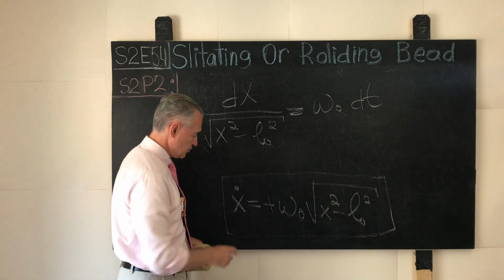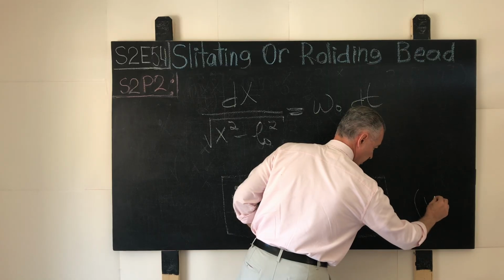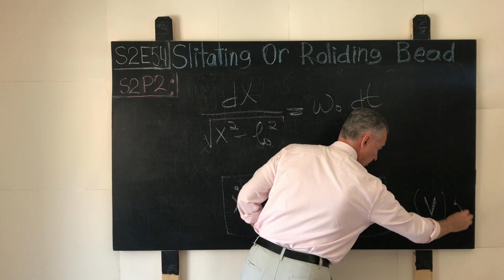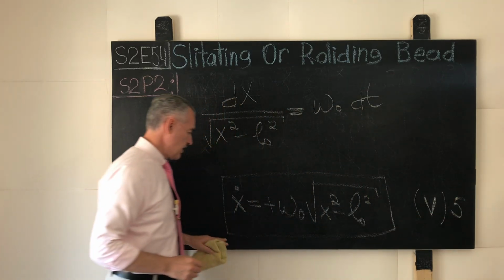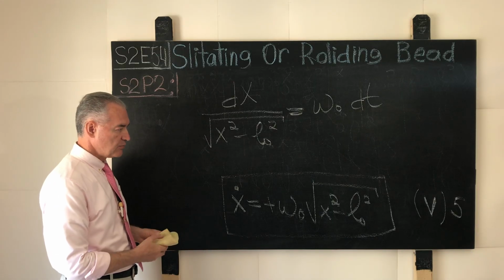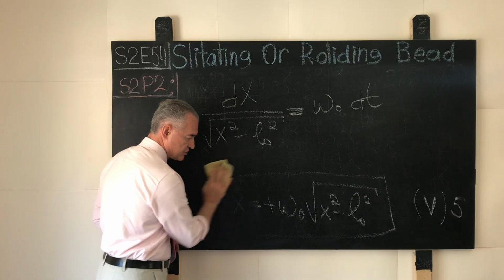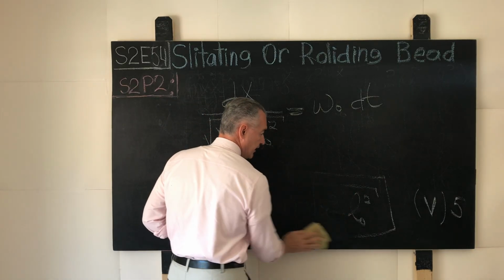Because we are dealing with the velocity, I'll give this equation the Latin number 5. I will call your attention to this equation in a small number of minutes when we will technically solve this differential equation. So consider this a hint.